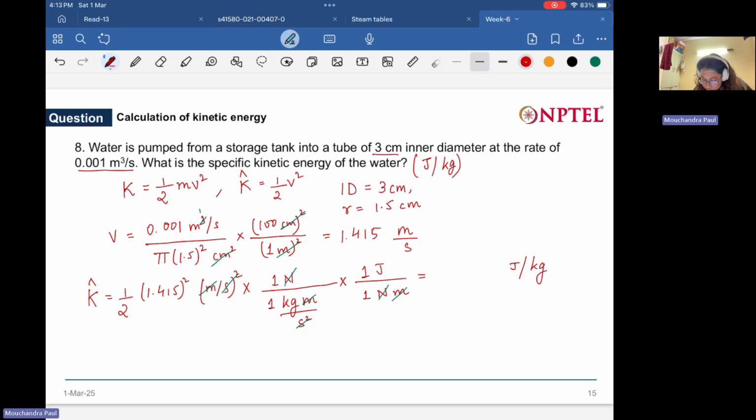When you solve the numerical values, you should get 1 joule per kg. So there you go.